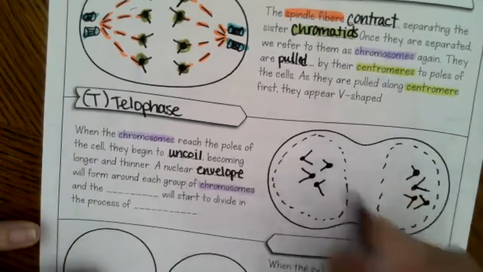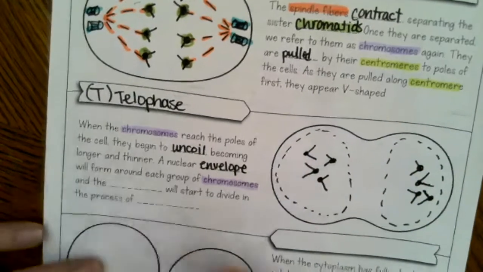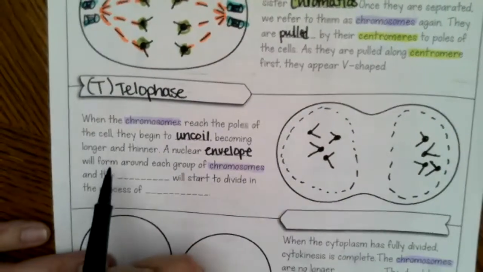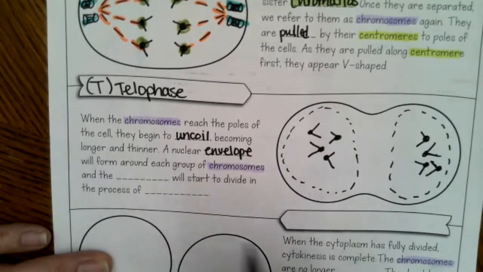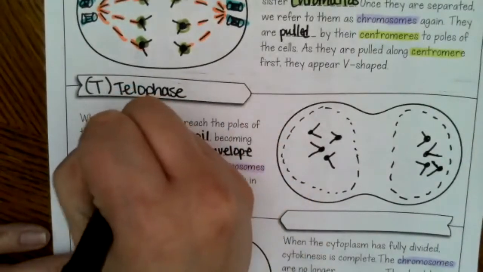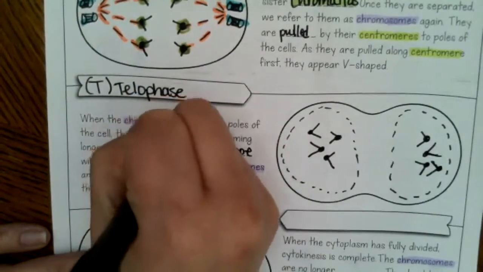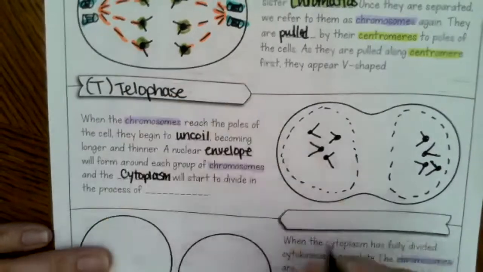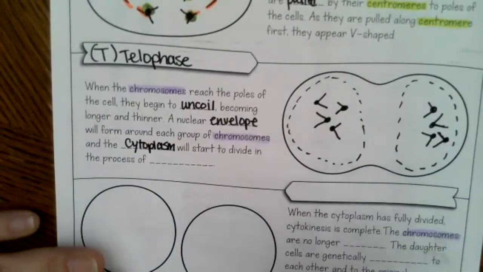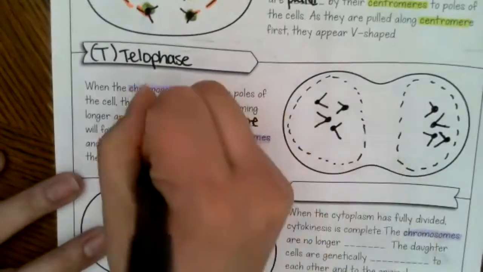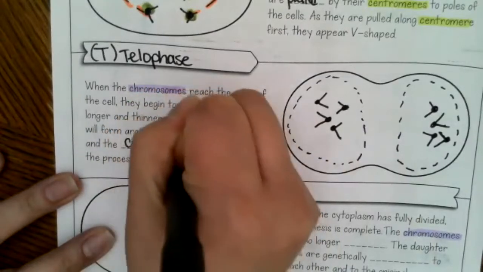Here you can see that an envelope is starting to form. And what's going to happen next is that the cytoplasm will start to divide in the process of cytokinesis.